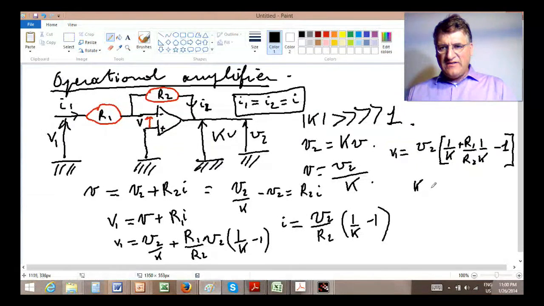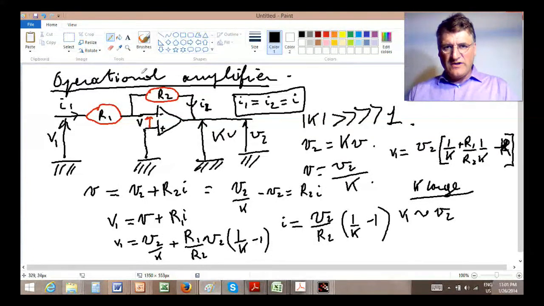Now when K is large, then we can write that V1 is approximately equal to V2 times, and by the way, this is not minus 1, my mistake, it is minus R1 over R2.